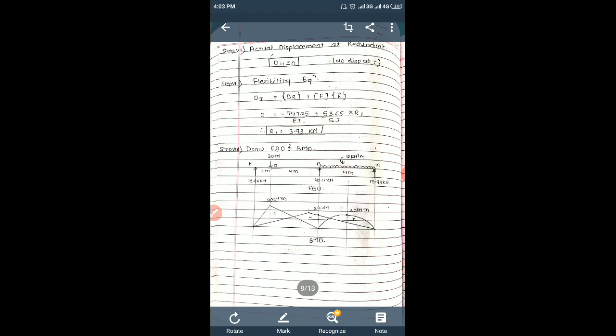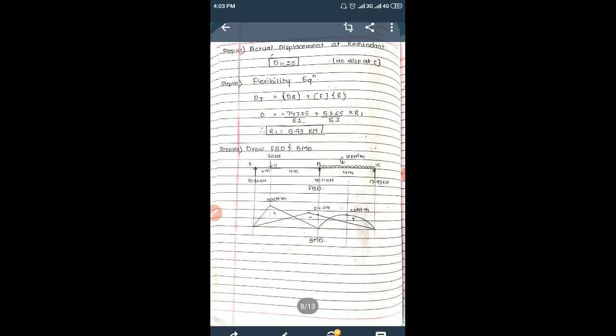By substituting di equals 0 and all other values, we get the value of r1. EI is constant, so we can substitute 1 there, and we get r1 equals 13.93 kilonewton. So this completes our numerical by getting the redundant value.